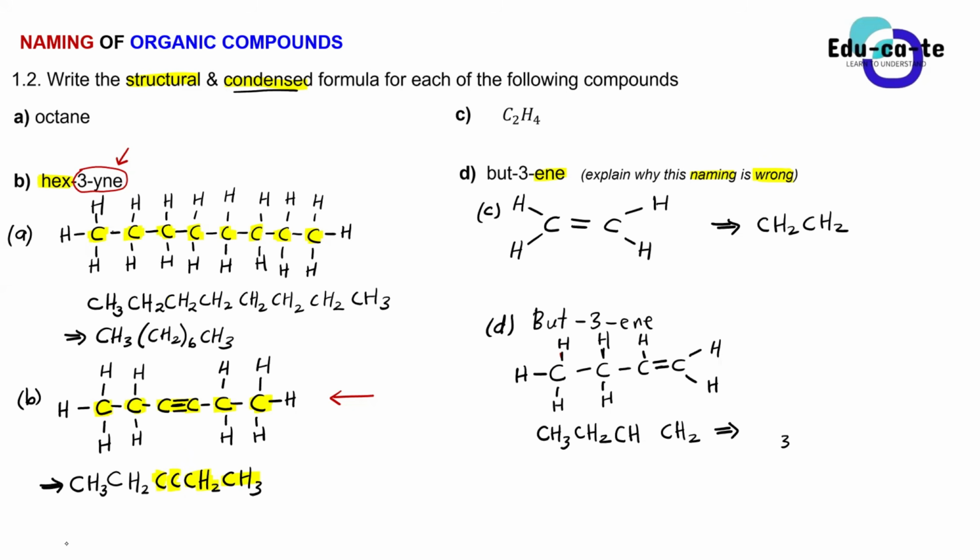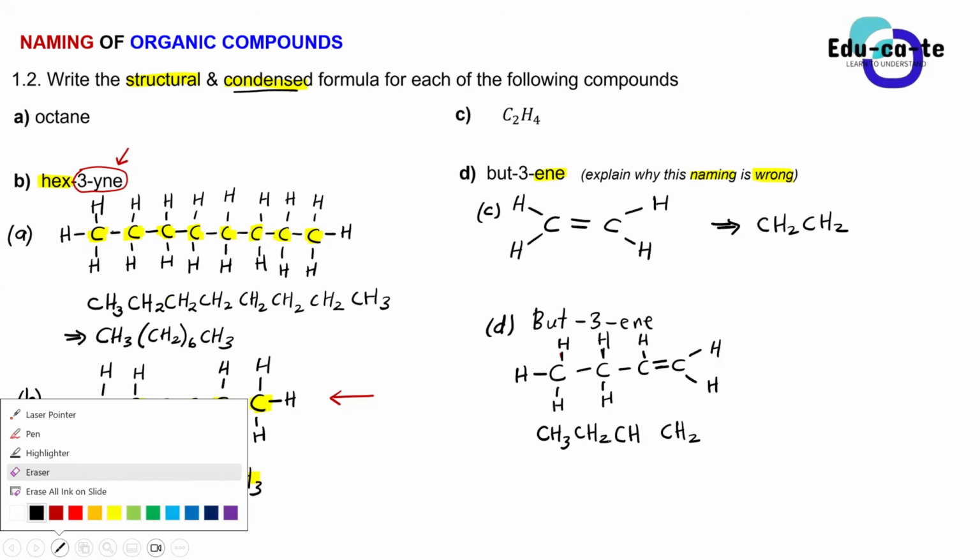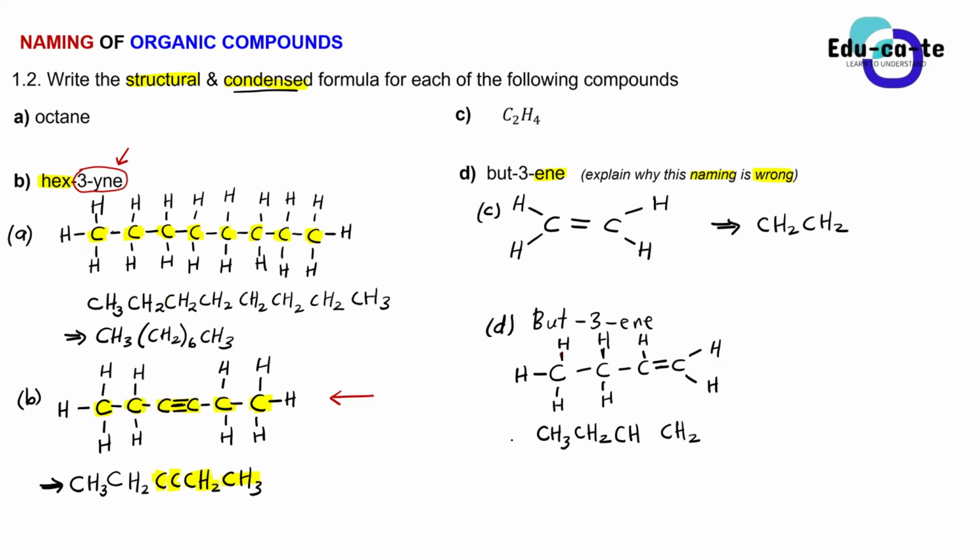Now it's time to explain why it is wrong. Why would you say that this is wrong? Orifa? It's wrong because the carbon that has the double bond was not given the lowest number. It's supposed to be but-1-ene.